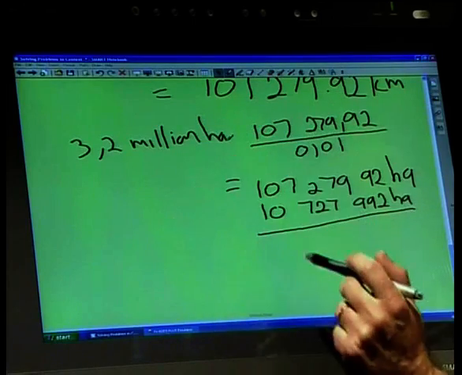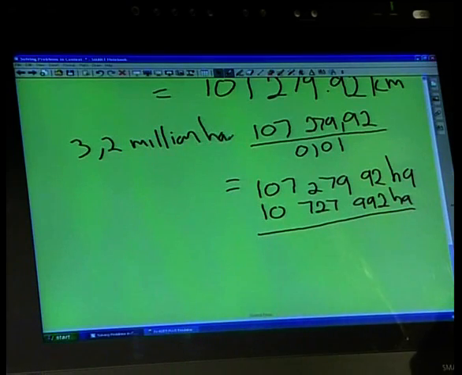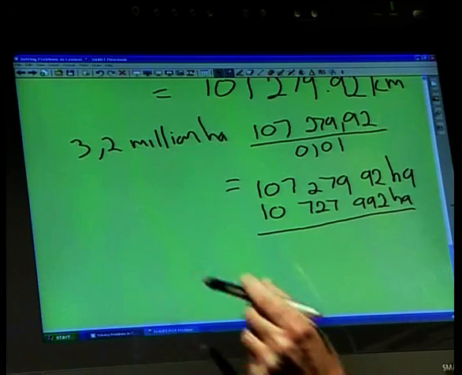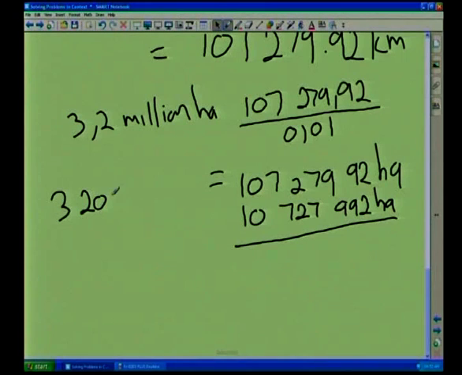We've got 3.2 million hectares in the Free State. To work out a percentage now, we're going to take this figure and divide it by the total figure and then get the calculation. So 3.2 million is 3,200,000.